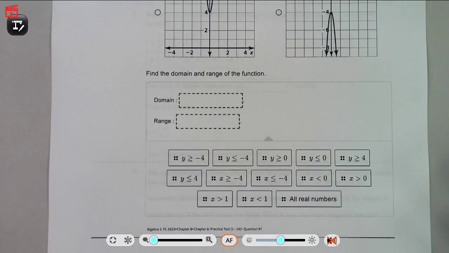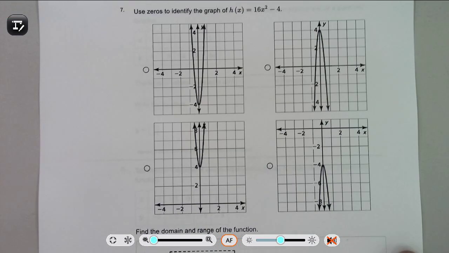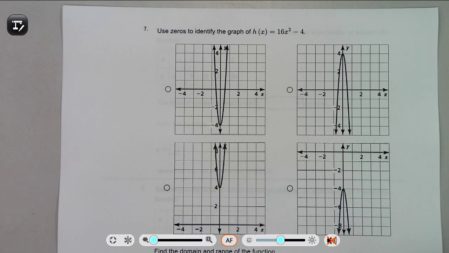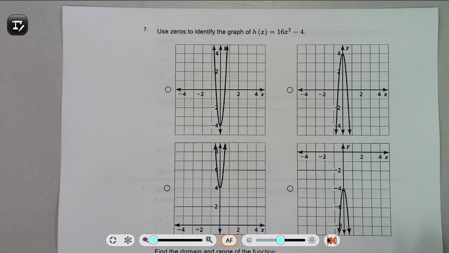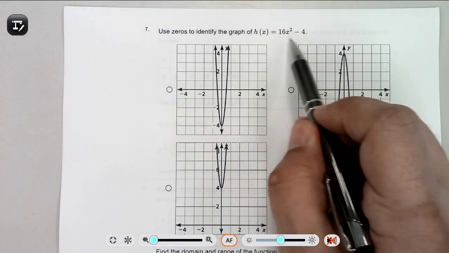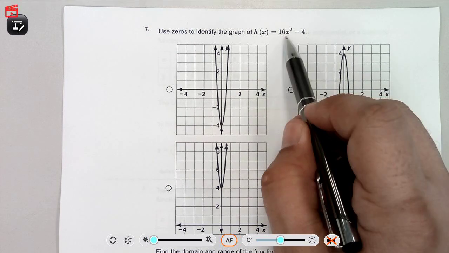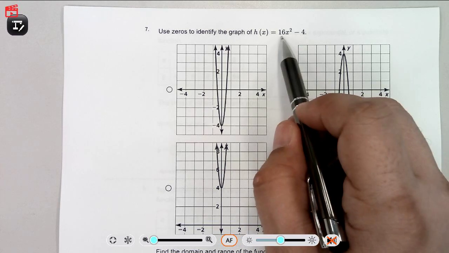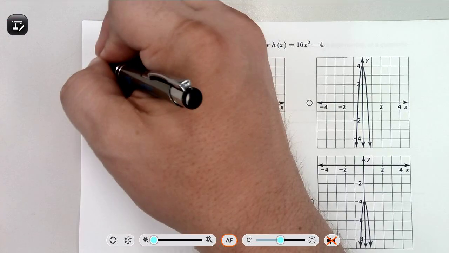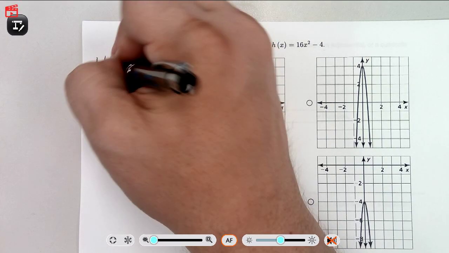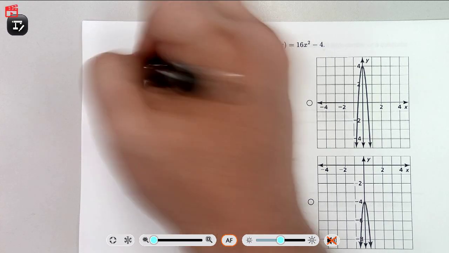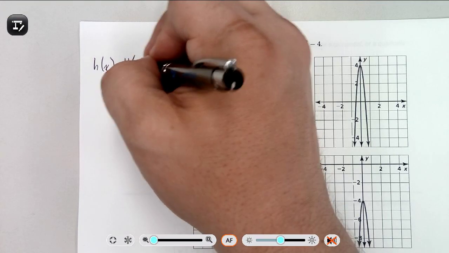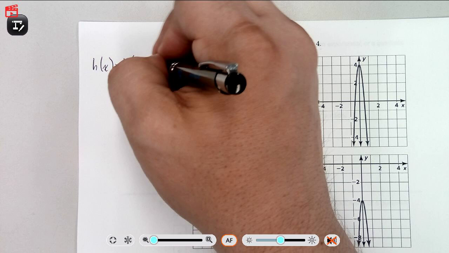On to number 7. Use zeros to identify this graph. Okay, so we're going to need to factor that. I'm already starting to notice, well, one, we have a GCF here. So we're going to factor out the GCF. H of x is 4x squared minus 1.